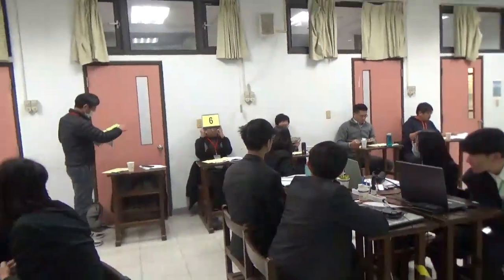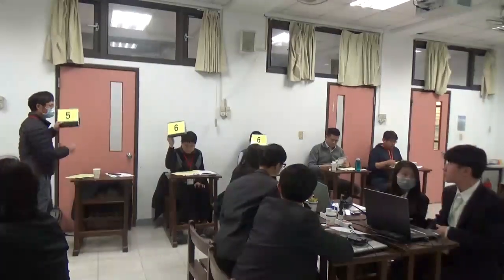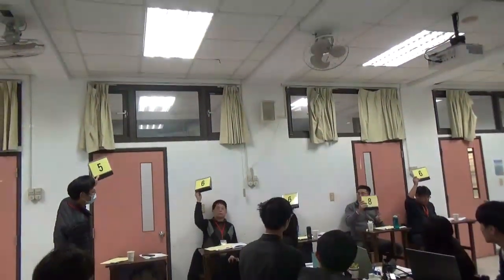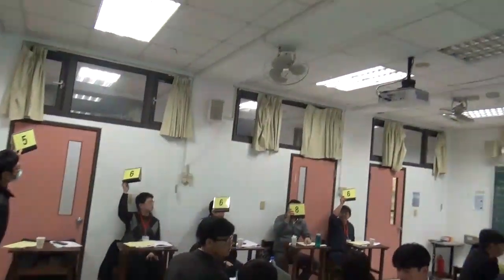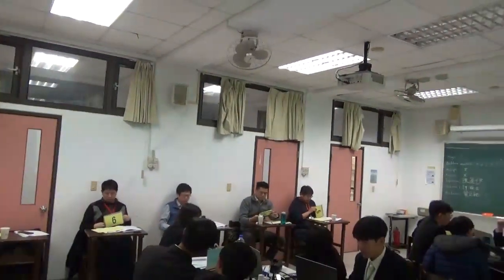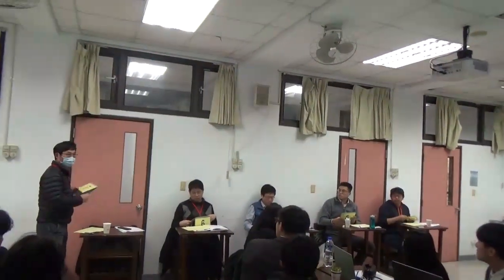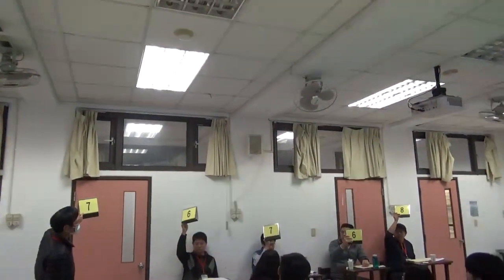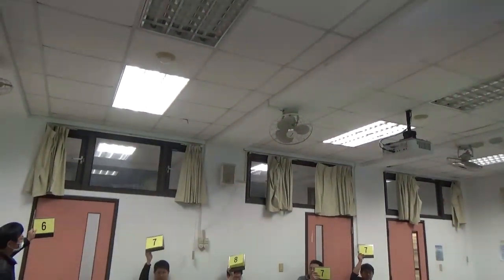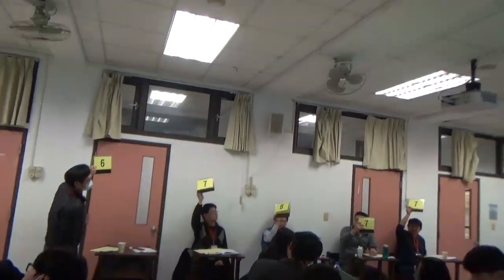Let's first show the grades for the reporter: 5, 6, 6, 8, and 6. And then for the opponent: 7, 6, 7, 6, and 8. And finally for the reviewer: 6, 7, 8, 7, and 7.